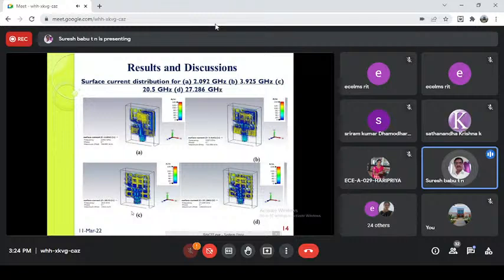So in the lower band, the main patch and the parasitic patches, in that area the surface current is more distributed. But in the higher bands, the current distribution is not only on the main patch, it is metasurface dominated.